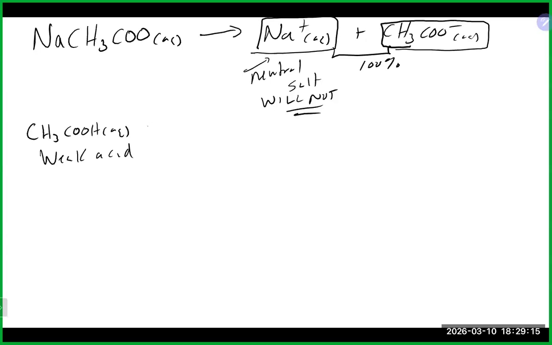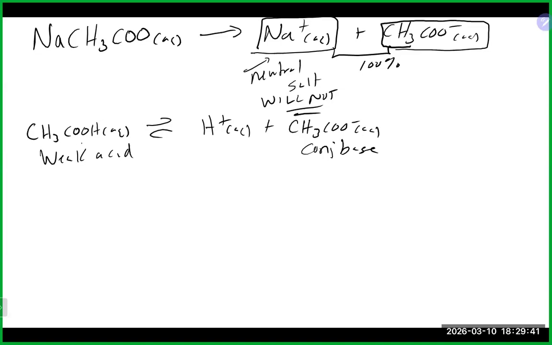And when this breaks apart, obviously here we get H plus and acetate are the ions that you get here, which means that this would be its conjugate base. Now, since acetate comes from a weak acid, will acetate be a strong or weak conjugate base in this case?